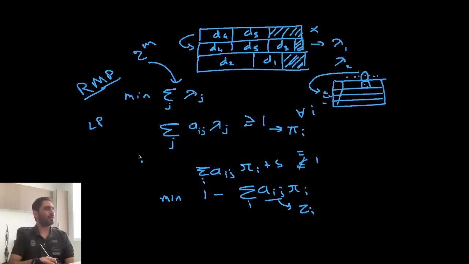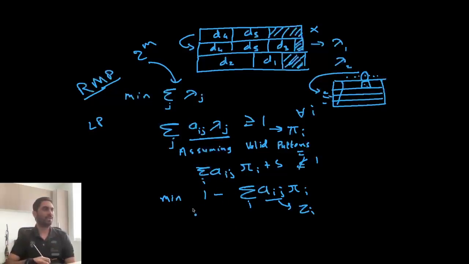The only thing that we have to make sure of is that we are assuming valid patterns. By valid patterns, I mean that these patterns only contain items that don't exceed the capacity of the bin.